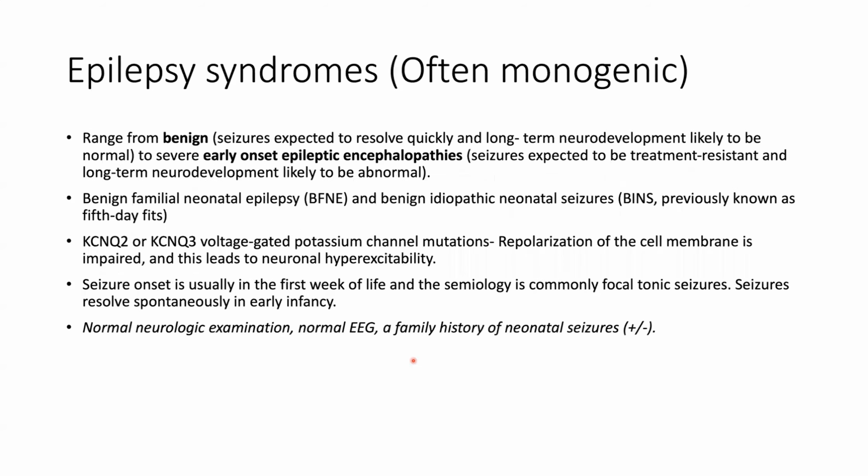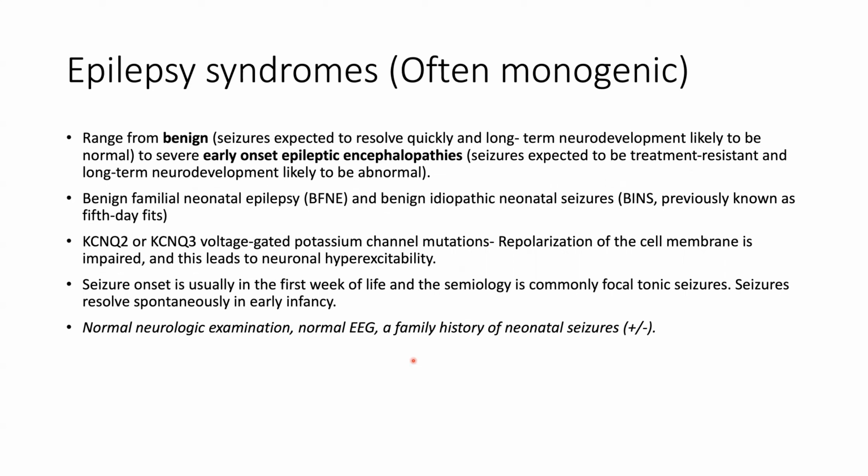Coming to the last group of causes of neonatal seizures are the epilepsy syndromes. So these are among the huge list of causes. They come at the bottom because they are not very common, but you should remember them because some are eminently treatable and some are untreatable, and it is important to test for them and talk to the family about the poor prognosis, right?